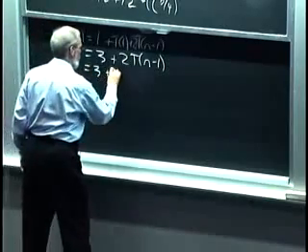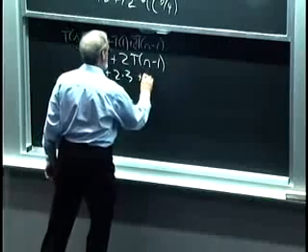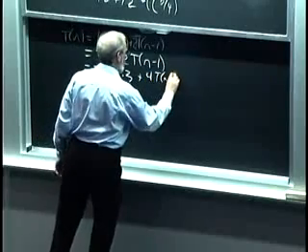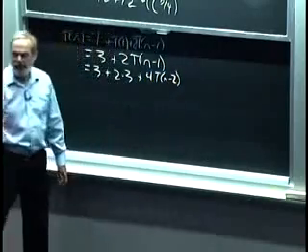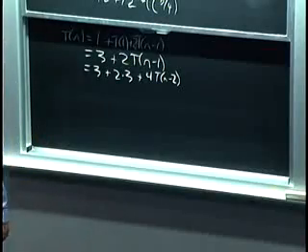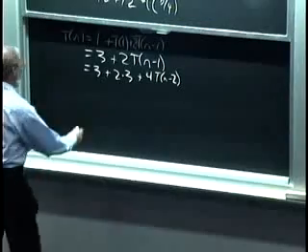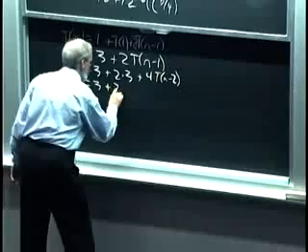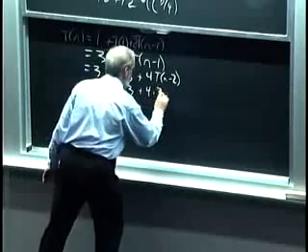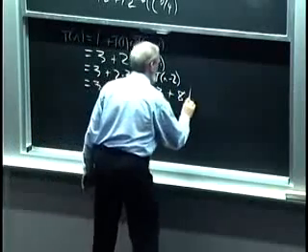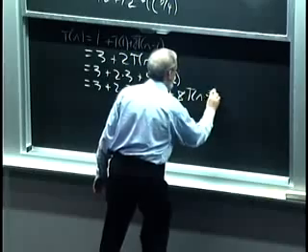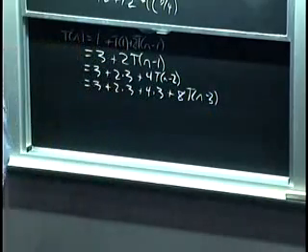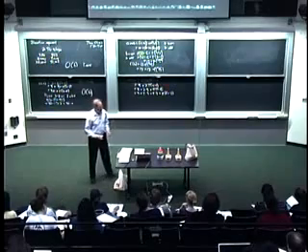So this is 3 plus 2 times 3 plus 4T of n minus 2. And if I substitute it again, I get 3 plus 2 times 3 plus 4 times 3 plus 8T of n minus 3. This is going by a little fast. I'm just substituting in. I'm going to skip some steps.